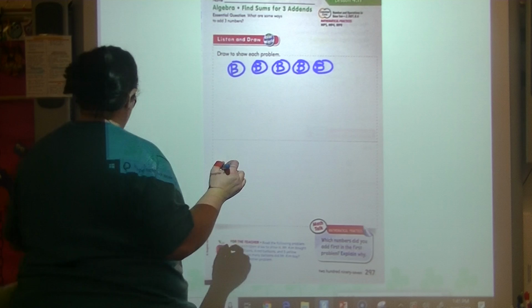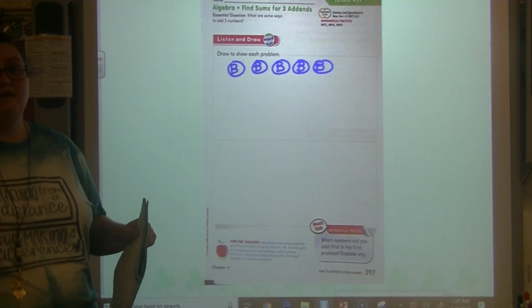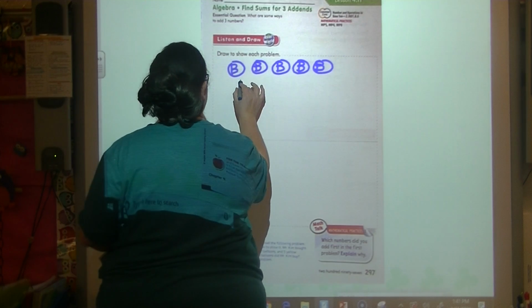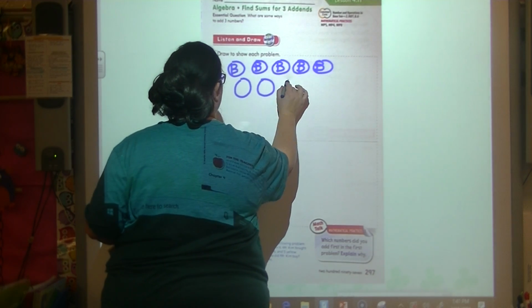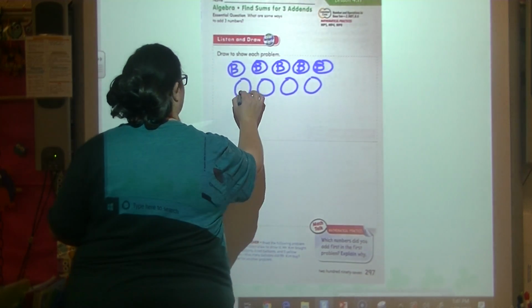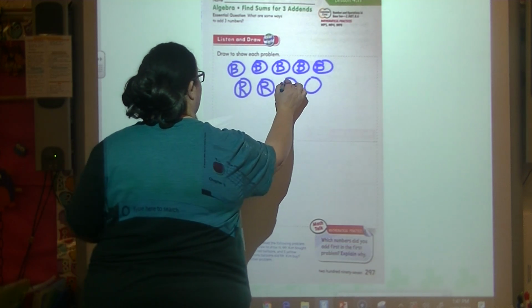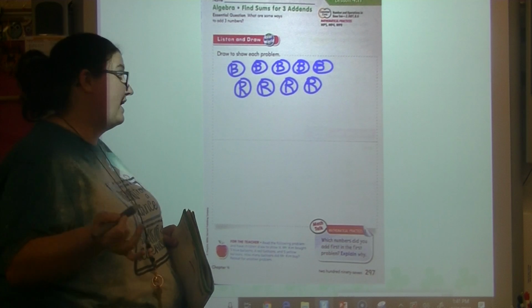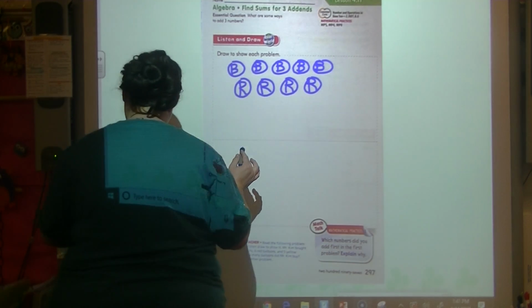All right, next was red. How many red balloons? 4. And then how many yellow were there? There were 5 yellow balloons.